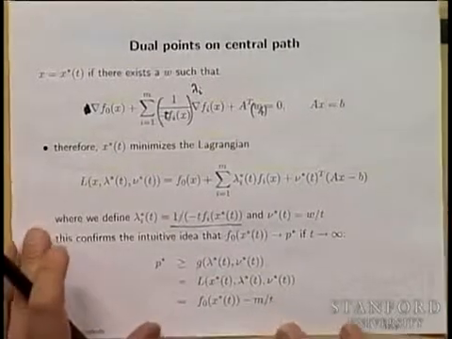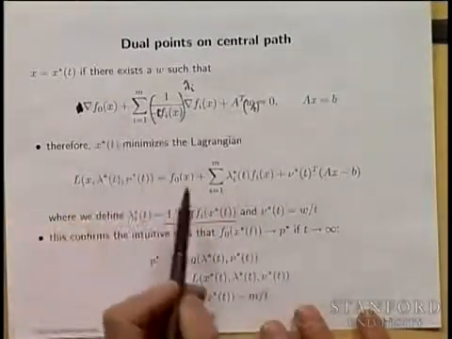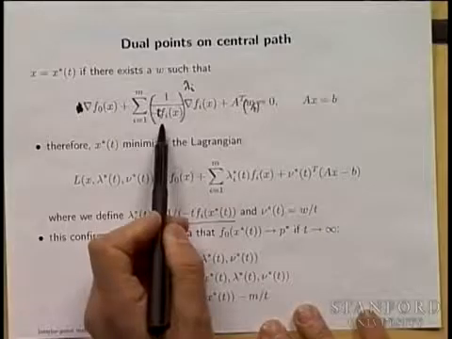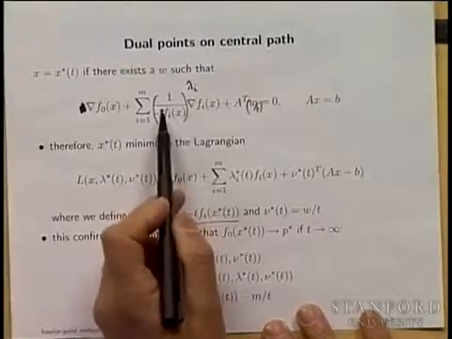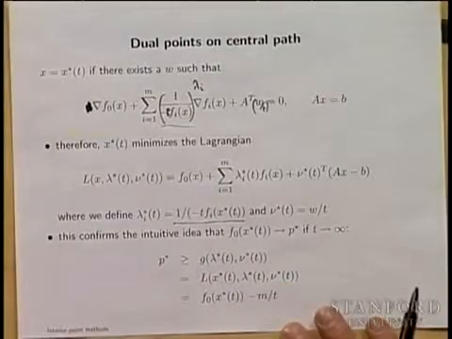When you finish, you define lambda i as minus 1 over t fi of x. That will be lambda i, and you'll get a dual feasible point.